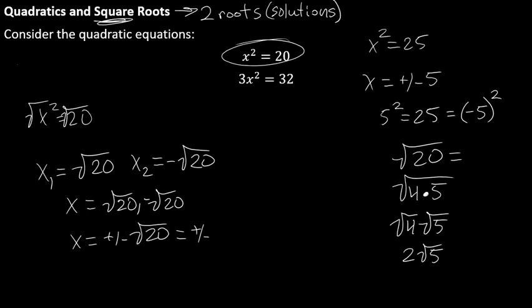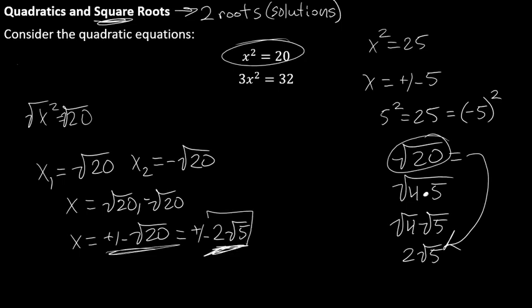So the square root of 20 is the same thing as 2 square root of 5. So instead of saying plus or minus square root of 20, we're going to say plus or minus 2 square root of 5. And this is how I would want you to express your answer. This would be your fully simplified solutions.